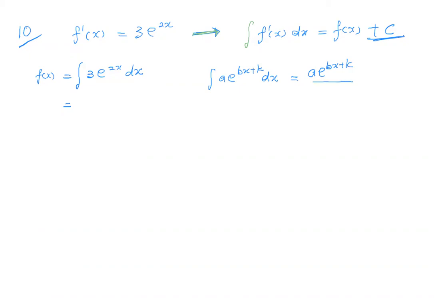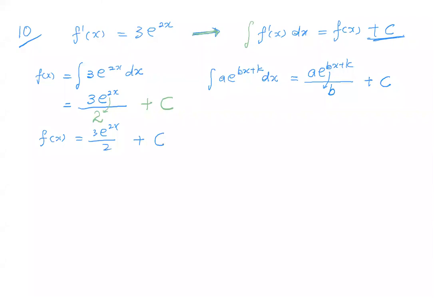Yes, you need to divide by a number. So I follow the formula, copy down the whole thing, divide by a number. That number is 2. Then I put a plus c. So now my fx will be 3e to the power of 2x divided by 2 plus c.